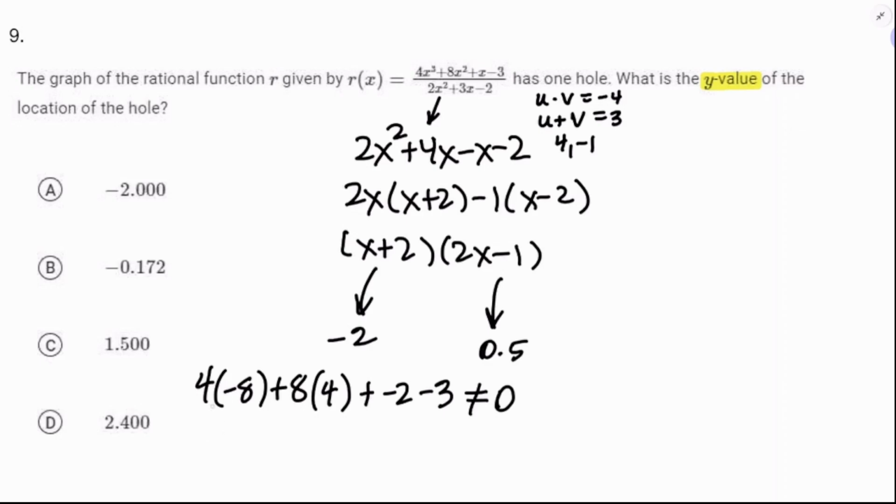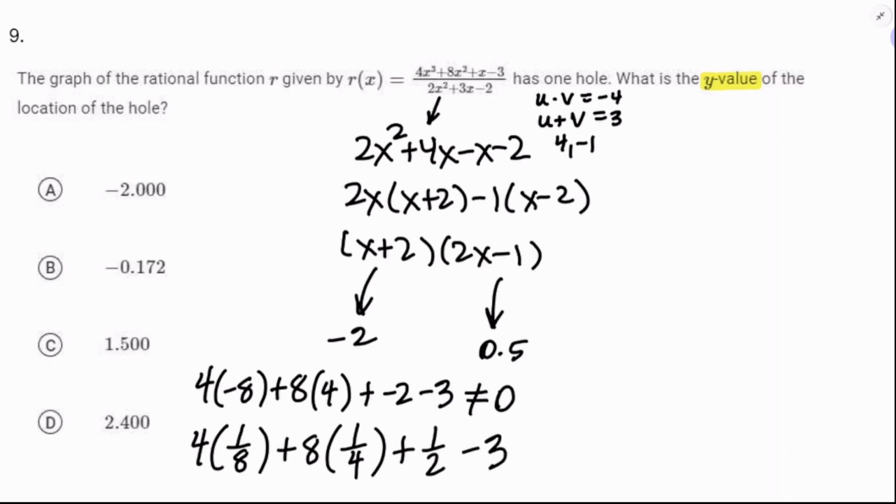So x equals 0.5, and we can just check this. If I cube 0.5, I'll get 1/8. Plus 8 times 0.5 squared is 1/4. Plus x is 1/2, and then minus 3. So I'm just going to collect some things.